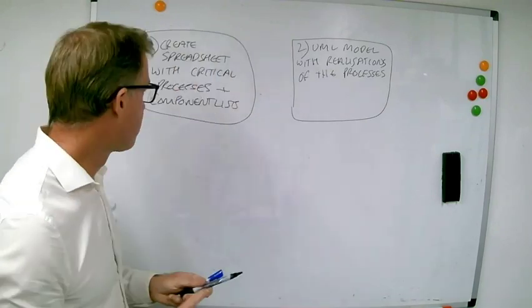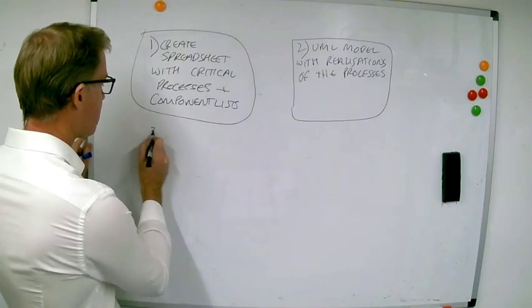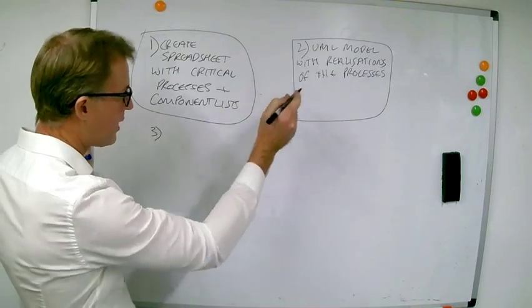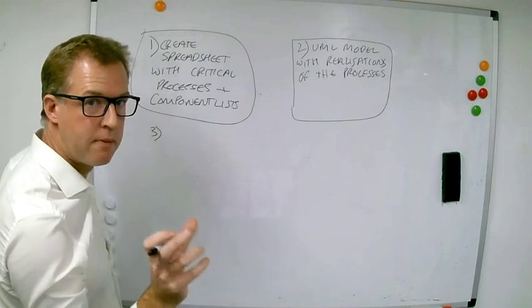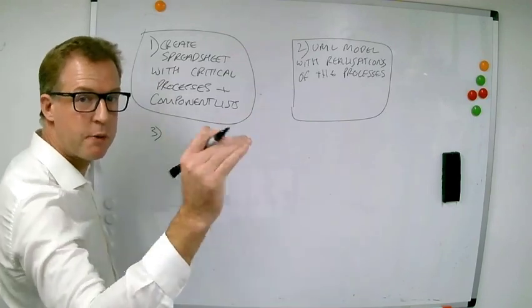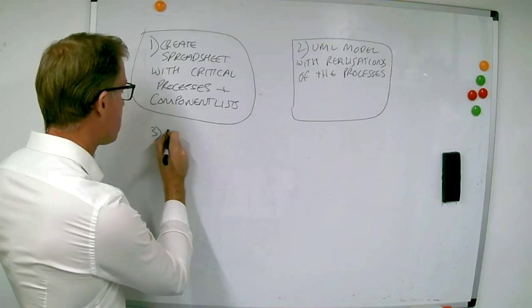So within this, you take the components that have been identified, you put the name in the process, and then you fill in attribution against them.